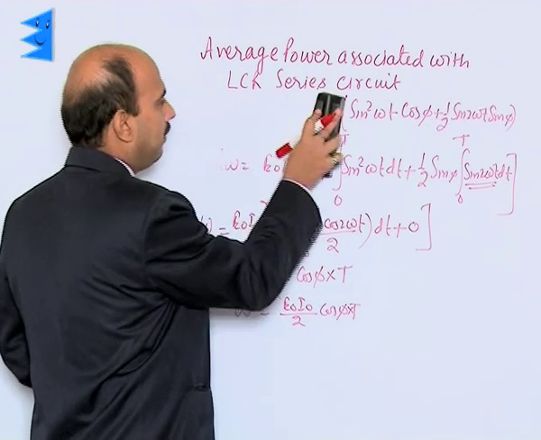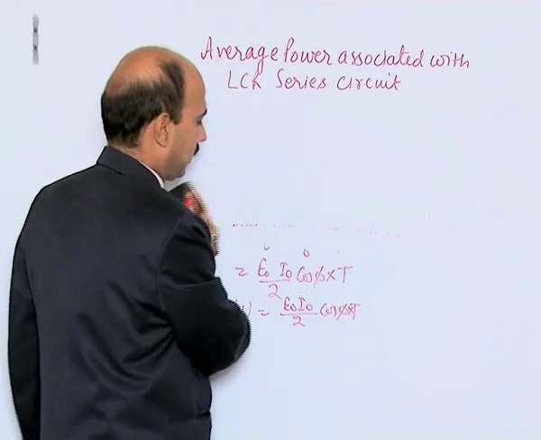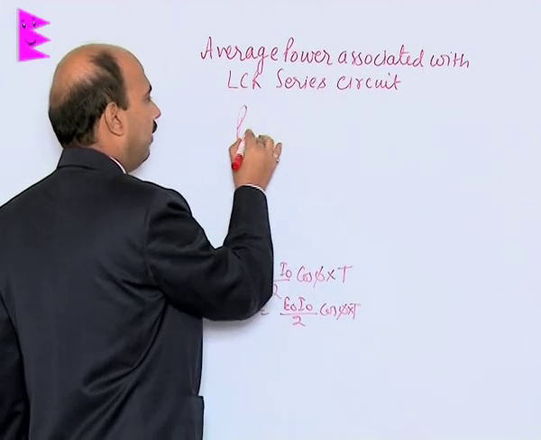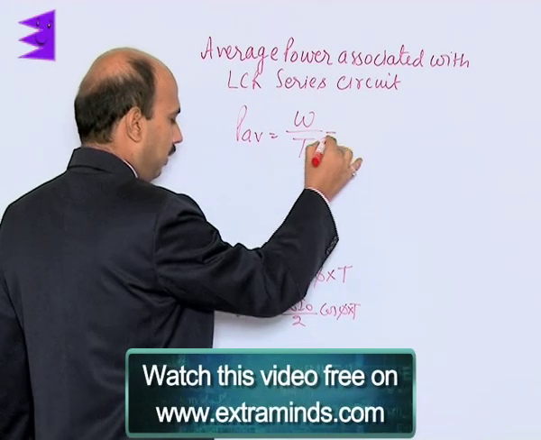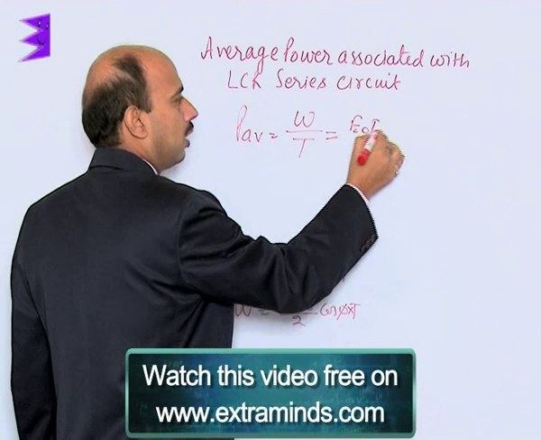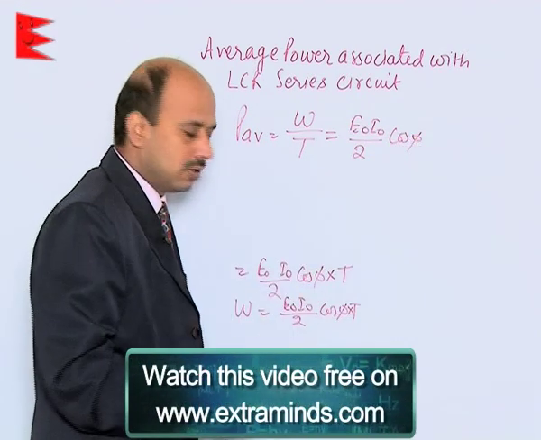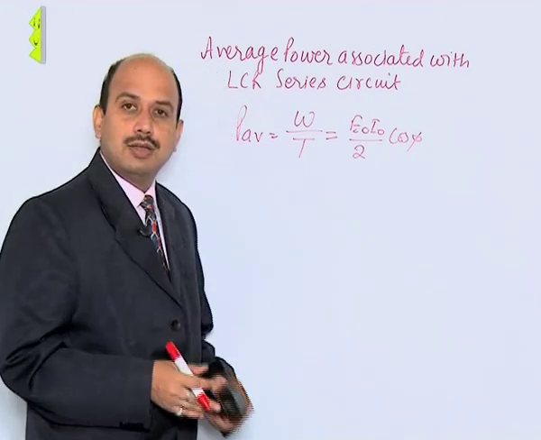The average power is the total work done upon the total time. The total work done is this much, so average power is equal to work done upon time. That will be equal to E₀I₀/2 cos φ, because T will get cancelled. So this is the average power consumed in the LCR circuit.